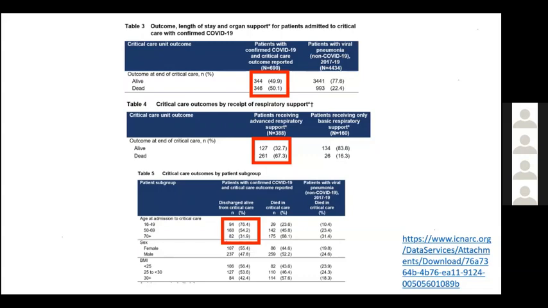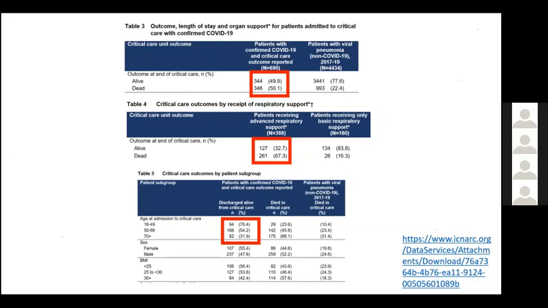For those of you interested in what this means, we're going to do a talk on that next week, so please do tune in. But it's showing that in patients so far who have had COVID, 67% of people who have required this have sadly not survived. But it's really important to stress that this is preliminary data. This will probably change.